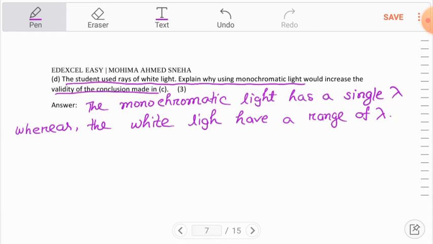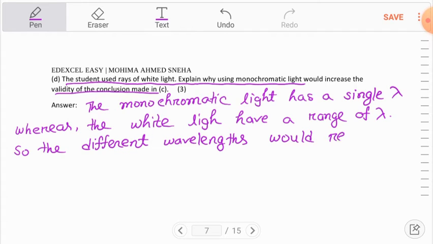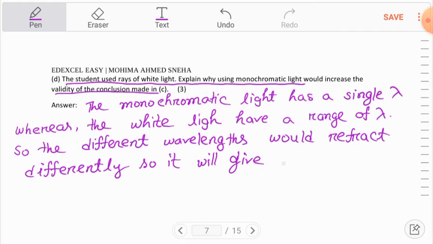The different wavelengths of white light would refract differently, so it will give uncertain values for angles. And with this our part 2D ends. I hope it was clear.